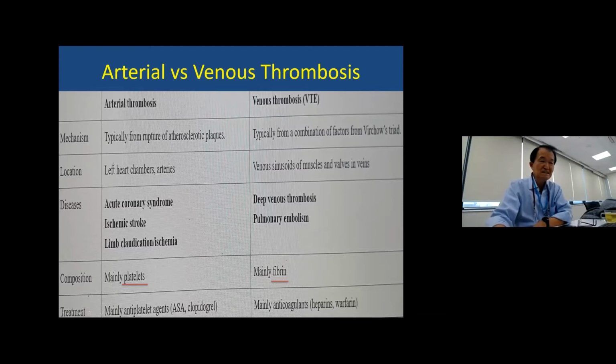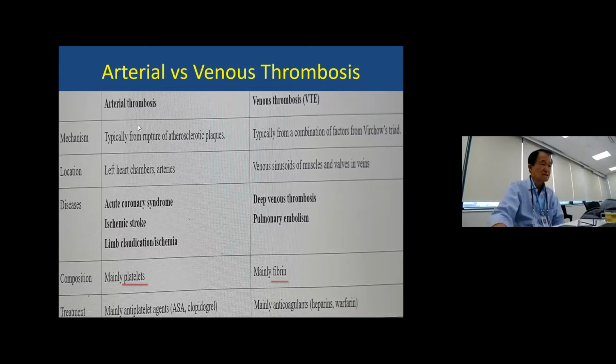That's stasis, if you're not moving, particularly cancer patients lying down on the bed, or some venous wall injury, either trauma or whatever, and then certain underlying hemoglobinopathy or any underlying vascular disease. Combining all things makes this kind of venous thrombosis. So this is often in the varicose veins in many elderly people.